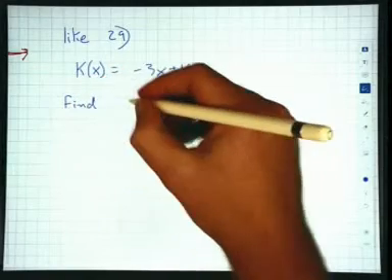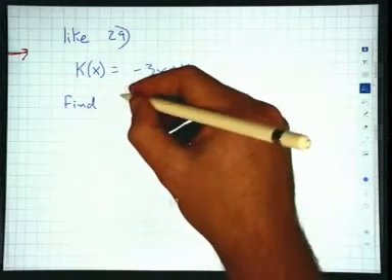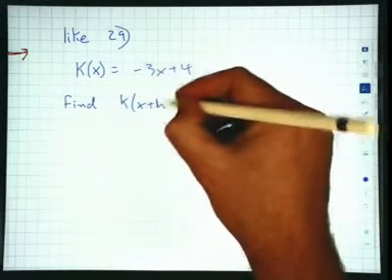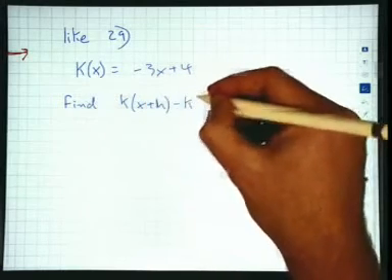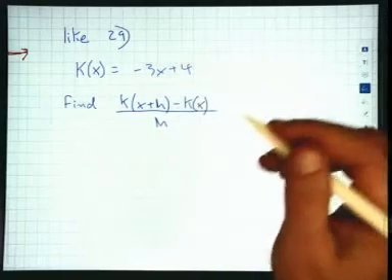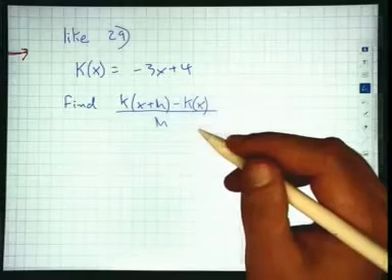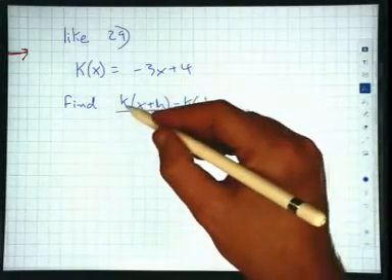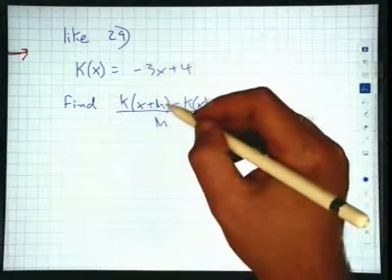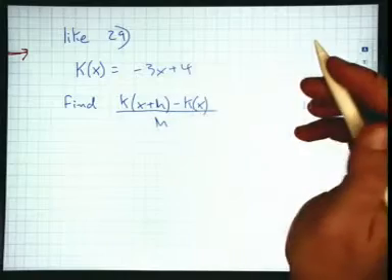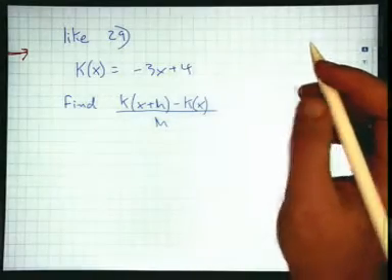Find k at x plus h minus k of x, all over h. The difference quotients are always going to be the same format. You're going to have your function evaluated at x plus h, minus your function, all over h every single time.